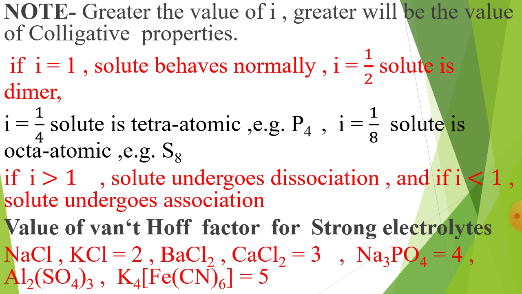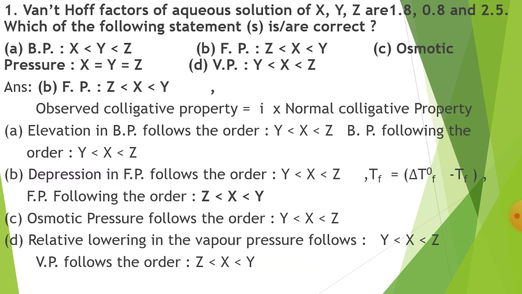For Al2(SO4)3 and K4[Fe(CN)6], the value of i is 5. So in this way you can find the value of i for various colligative properties.